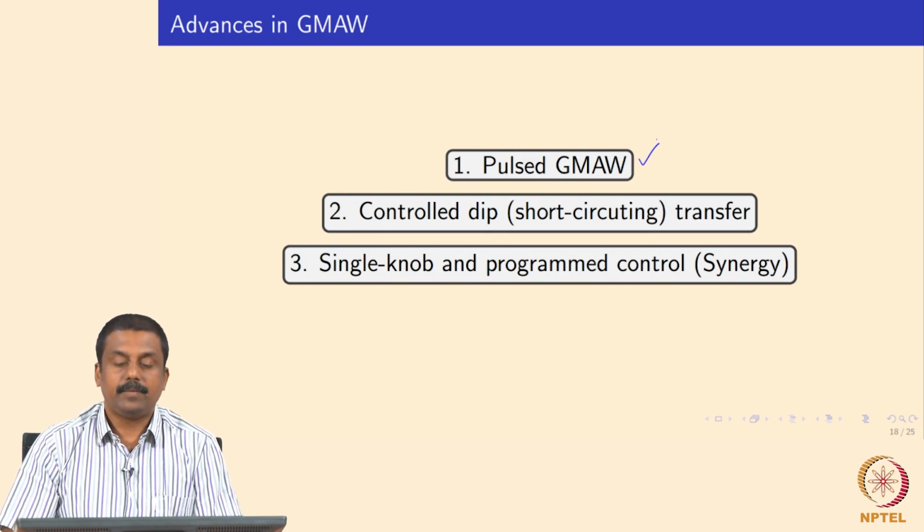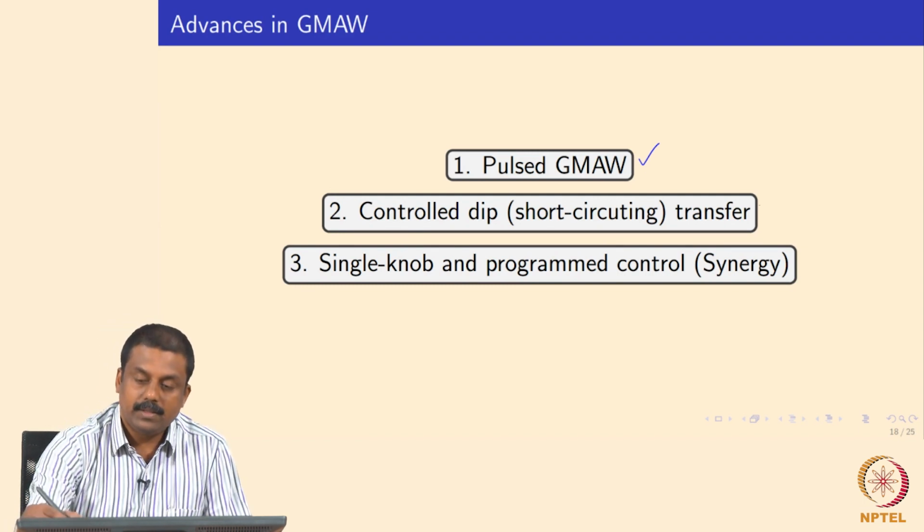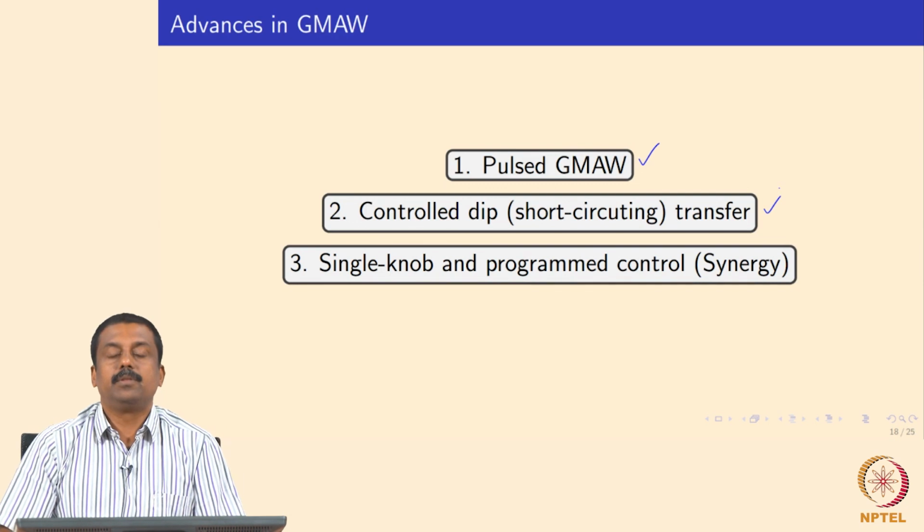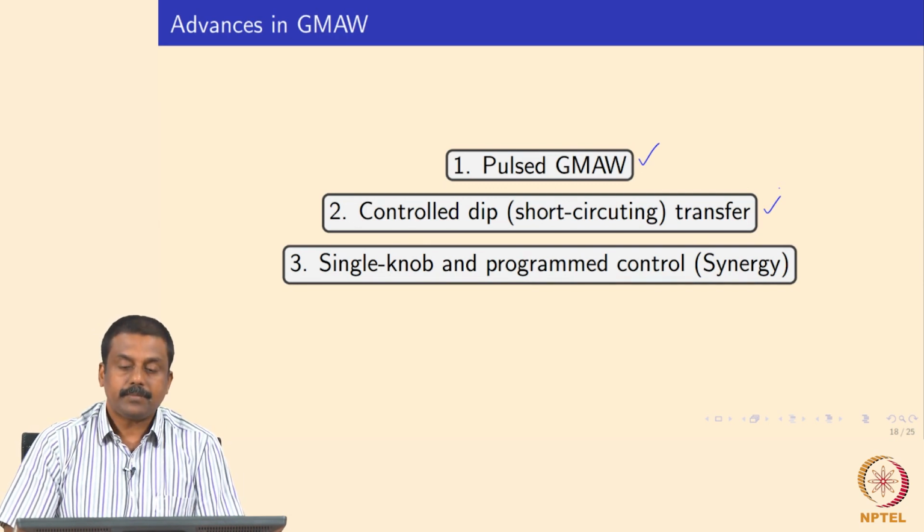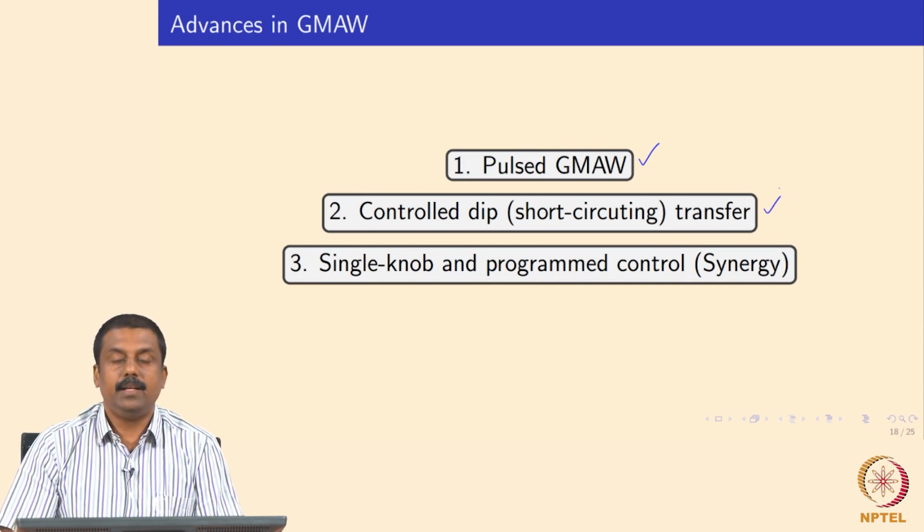Therefore, the heat input of the process decreases significantly, and this process is nowadays used very widely in automotive industries, especially for brazing of low melting filler to join advanced silicon steels, or even to weld aluminum alloys, aluminum and steel joints, where we can significantly reduce the intermetallic formation by reducing the heat input significantly.